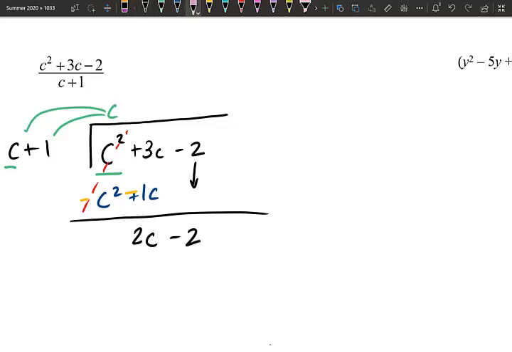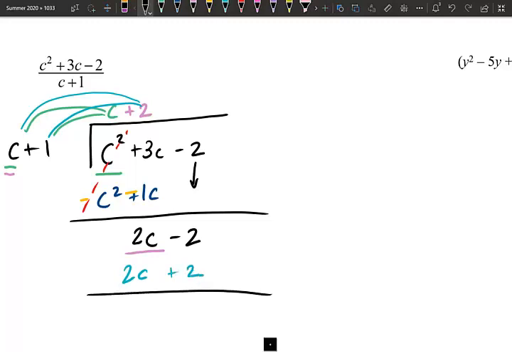And let's repeat our process. So I need to make c become 2c. They already have the c, it's just missing the 2, so I need to multiply by positive 2. We're going to multiply it back out. And when we do, we have 2 times c is 2c. They match, good. And then we have 2 times 1 is 2.